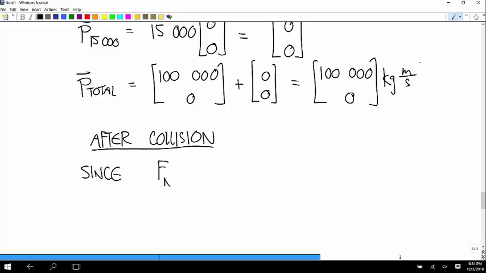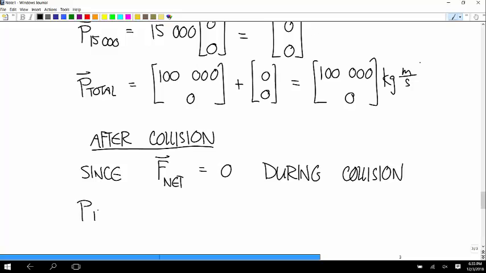Since F net is 0 during the collision, we know that the total momentum after the collision also has to be 100,000 for x, 0 for y.